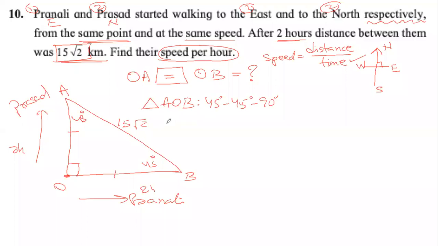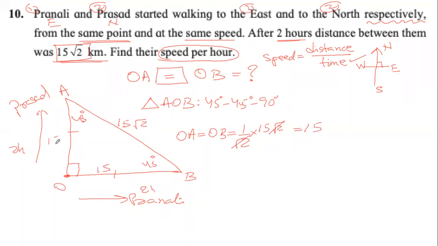So we have a special right angle triangle, which is an isosceles right angle triangle. So we can say OA will be equal to OB, which will be equal to 1 by root 2 times the hypotenuse. Hypotenuse is 15 root 2. Root 2 divided by root 2 is 1. So we are left with 15. So this is 15.